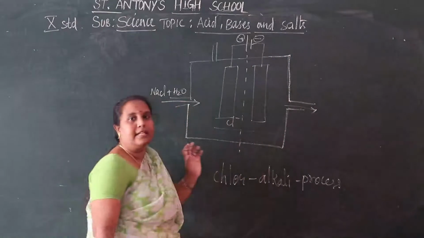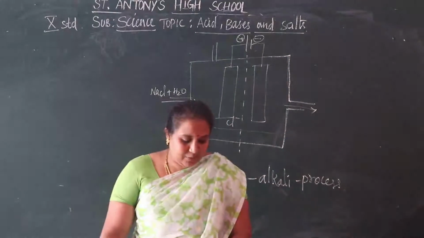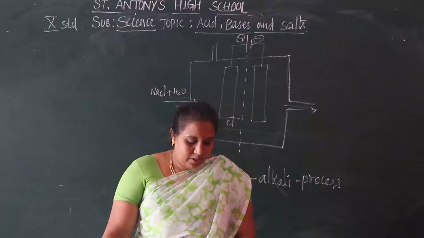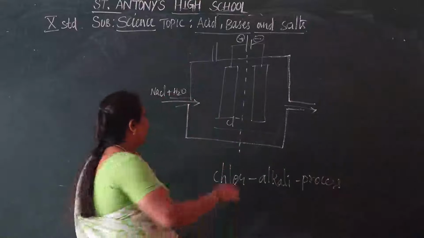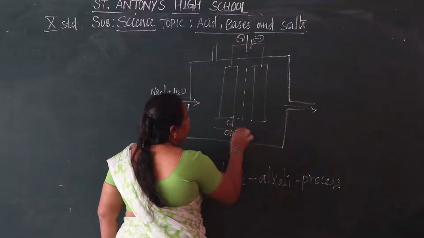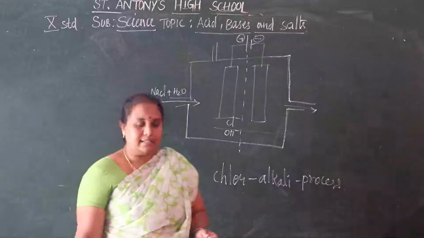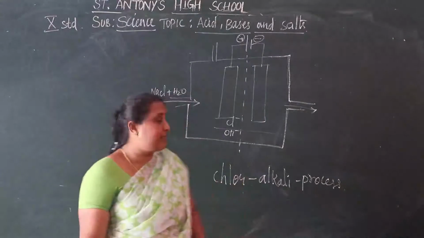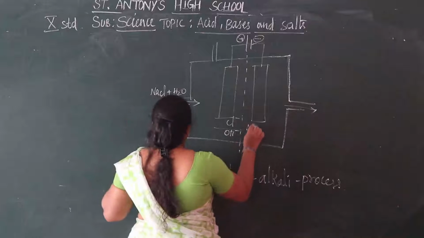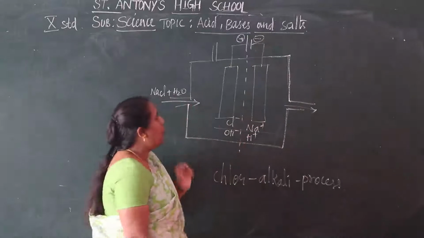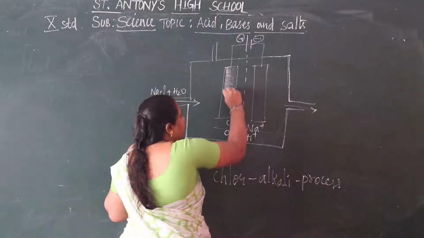In your textbook it is given chloride ions and OH minus ions, and these two form here. So we have chloride ions, OH minus ions, and Na plus ions and H plus ions. These combine and conduct electricity.